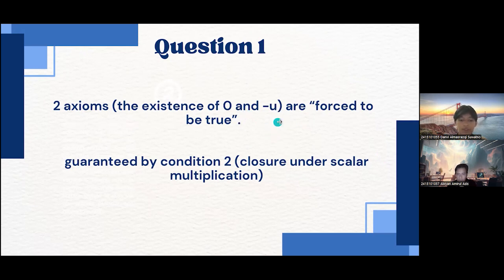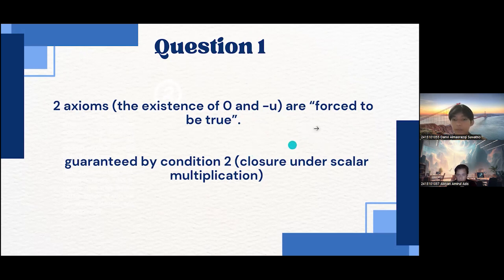For example, the zero vector. Since W is closed under multiplication by any scalar, we can choose the scalar k equal to 0. If U is in W, then 0 multiplied by U equals 0, so 0 must also be in W. Then there's the additive inverse, minus U. We can choose the scalar k equal to minus 1.